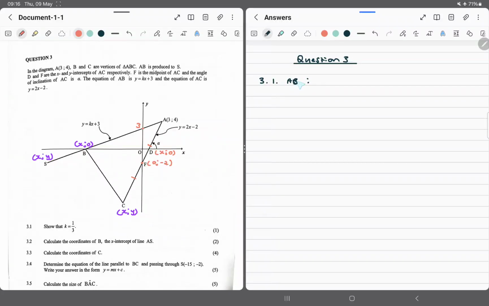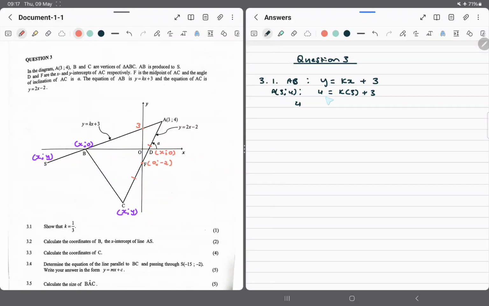Okay, let's just say AB is y equals kx plus 3. Then we know that point A is a point through which this line passes. So it will be such that 4 is equal to k into 3 plus 3.